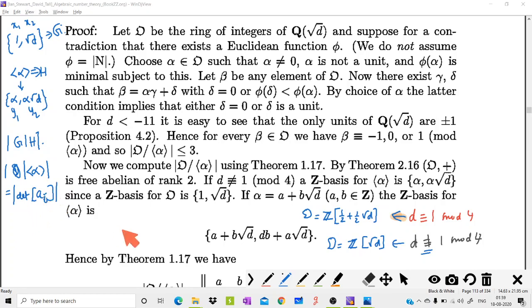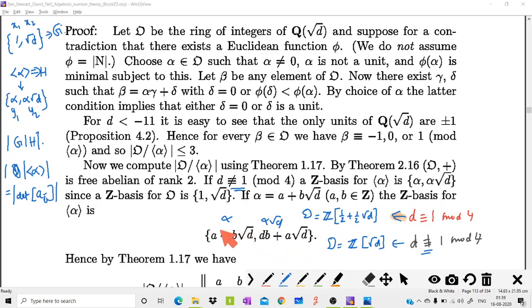Consider alpha and alpha root d. In the case d is not congruent to 1 mod 4, alpha is a plus b root d, since any element of Z[root d] can be written as a plus b root d. Then alpha root d, when multiplied by root d, gives b into root d squared, that is db, plus a root d.